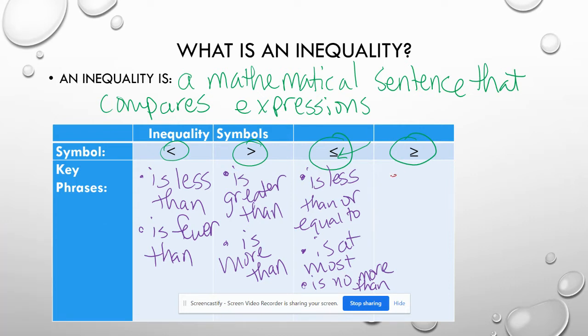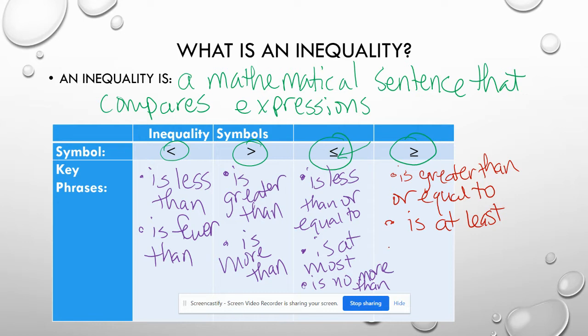And then this last one, greater than or equal to: "is at least," "is no less than." So those are the key phrases that are going to clue us in for what type of inequality we should use when we're writing our expressions.